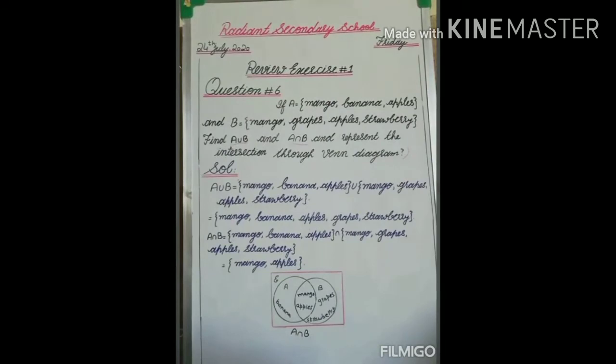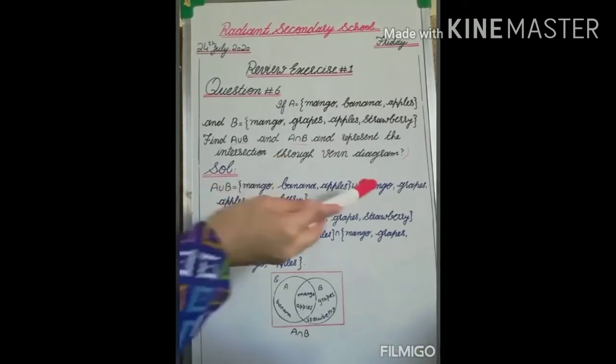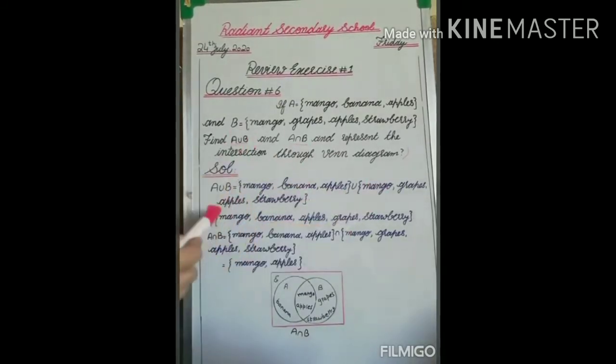So firstly, find A union B. Union means, as you have learned in the previous exercise, all elements of sets A and B are combined together in a new set without repeating any common elements. You can see mango is present in both sets, but you will write it just one time because you have learned a set is a collection of well-defined and distinct objects. Distinct means the same element should not appear more than once.